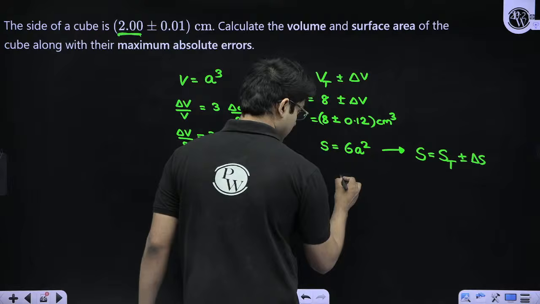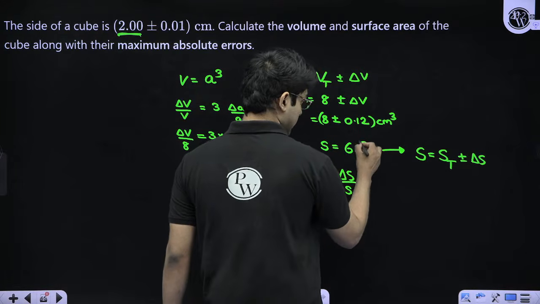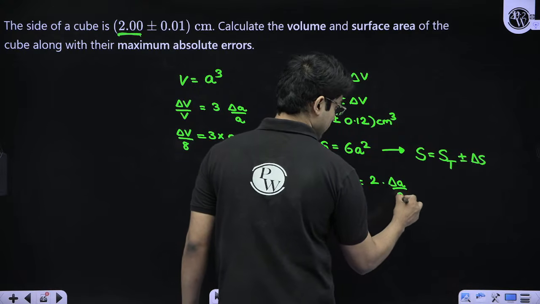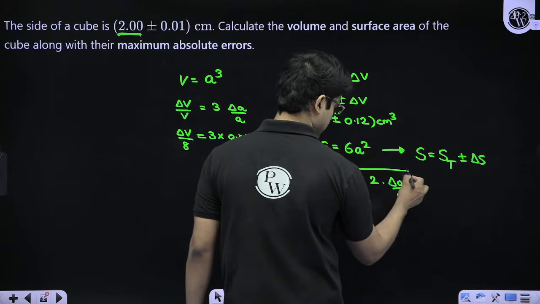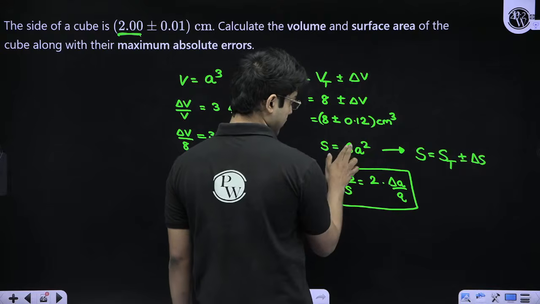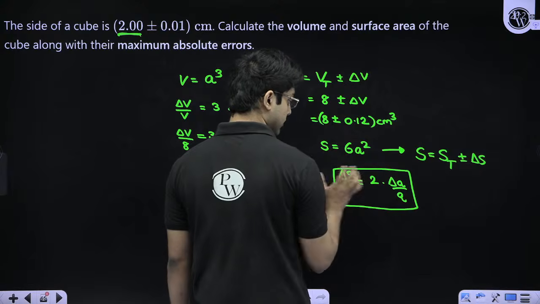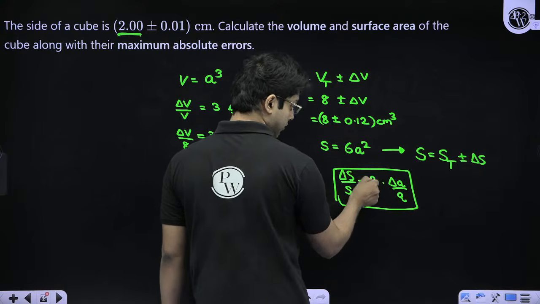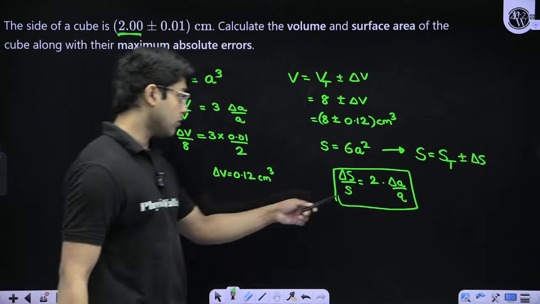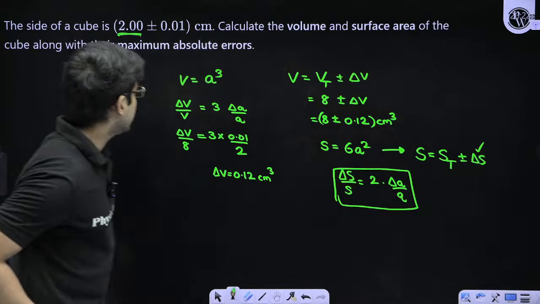Delta s by s will be equal to the power 2 coming forward into delta a by a. So while writing the fractional error relation, this 6 will not come here. This coefficient of a square has nothing to do with this equation. This power will come in front of delta a by a. Then solve this and get the answer for delta s. You can do this as homework.